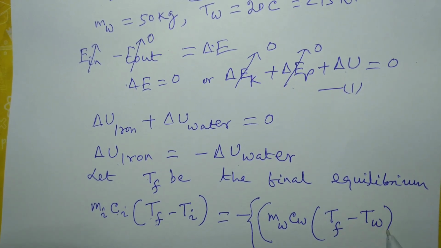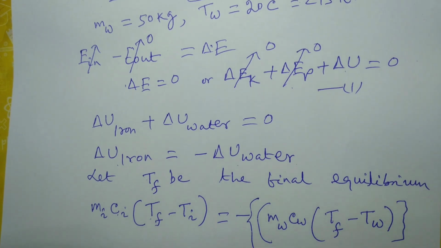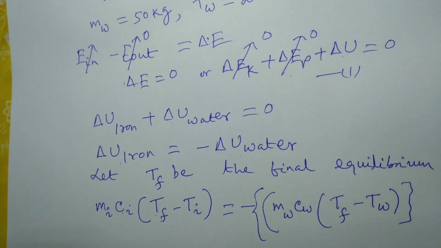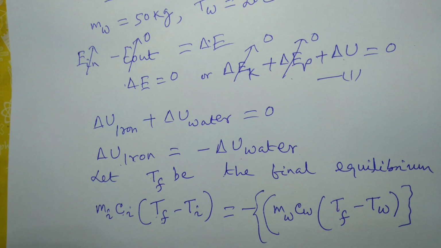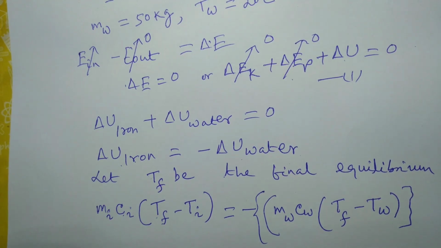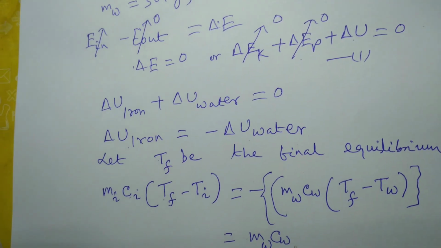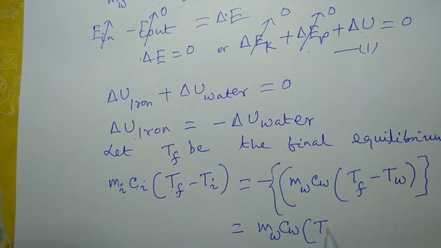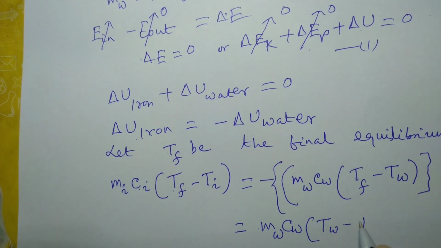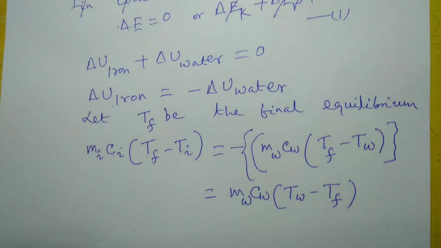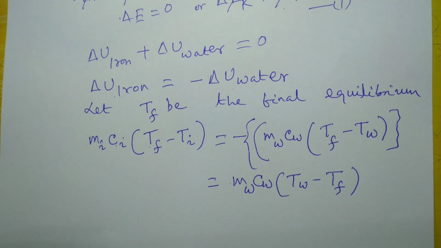The final equilibrium temperature will be the same for both the iron block and water. Equating this, it becomes Mw Cw Tw minus Tf.